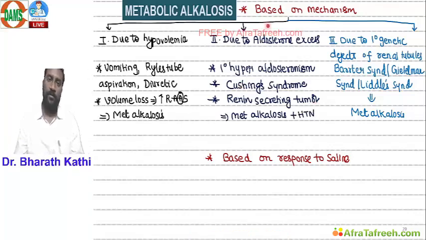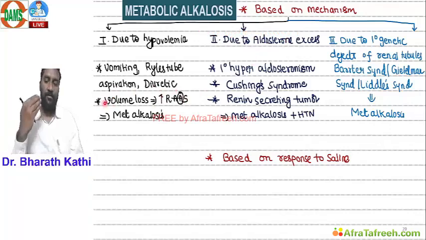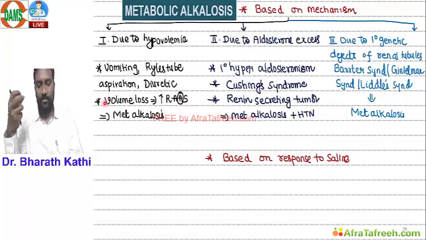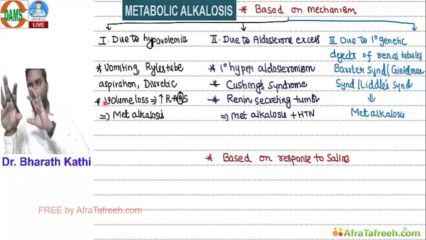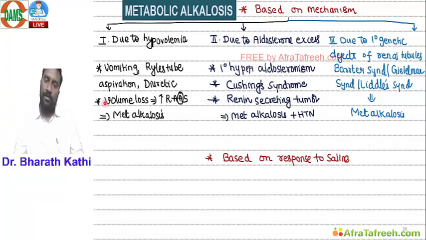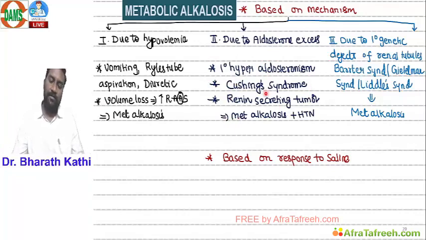Normally, when should aldosterone activity happen in your body? When there is hypovolemia. So this aldosterone activity will bring the volume to normal. Once the volume becomes normal, by negative feedback, aldosterone activity will stop. But here, there is no volume loss at all. There is continuous aldosterone activity. If there is continuous aldosterone activity, 24/7, your body will be taking sodium and water.